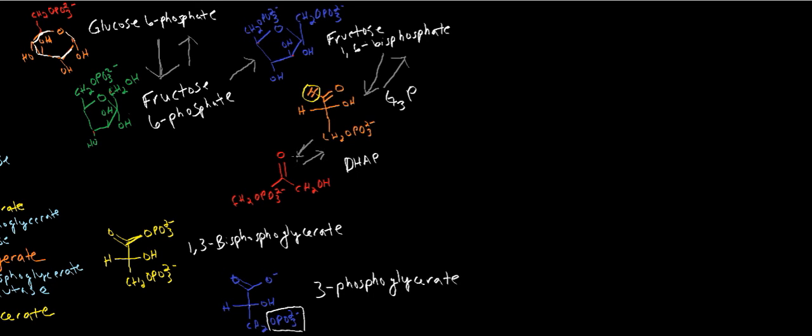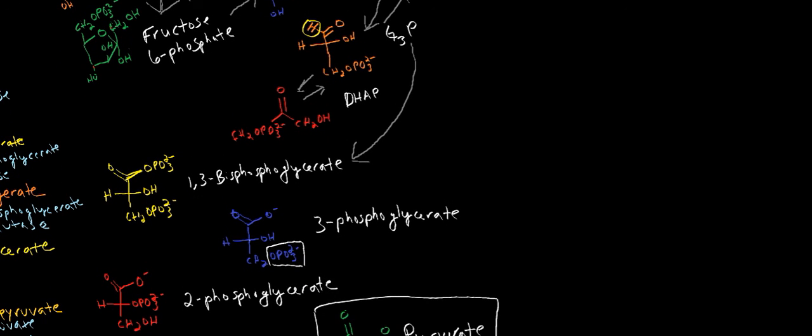And again, from G3P, you go to 1,3-bisphosphoglycerate, which I actually drew all the way over here. Alright, so from 1,3-bisphosphoglycerate, you go to 3-phosphoglycerate, which I've drawn for you right there.